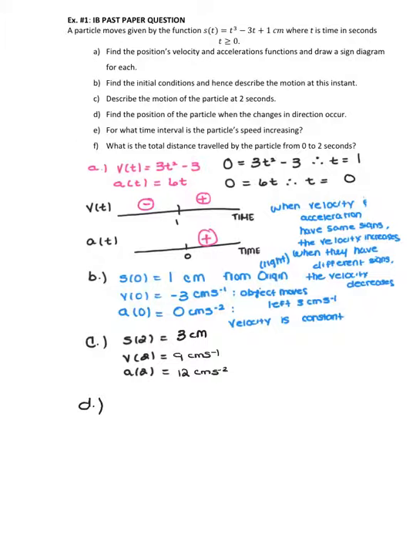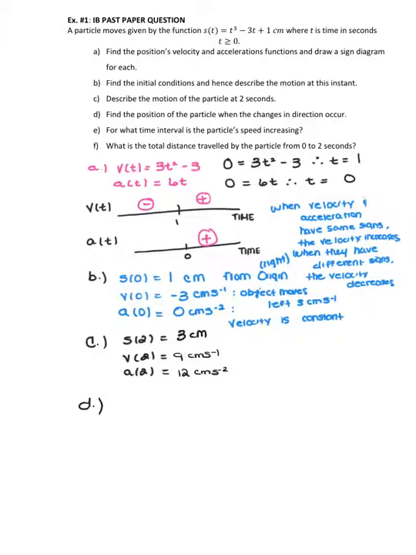So it says find the position of the particle when the changes in direction occur. So what time are we gonna plug in to find the change in direction? At time 1. Because even though the object is at rest, the velocity is gonna give you 0 when you plug in 1.